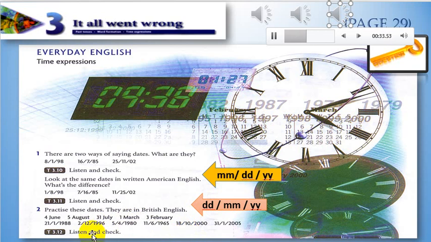December the 2nd, 1996. The 5th of April, 1980. June the 11th, 1965. The 18th of October, 2000. January the 31st, 2005.